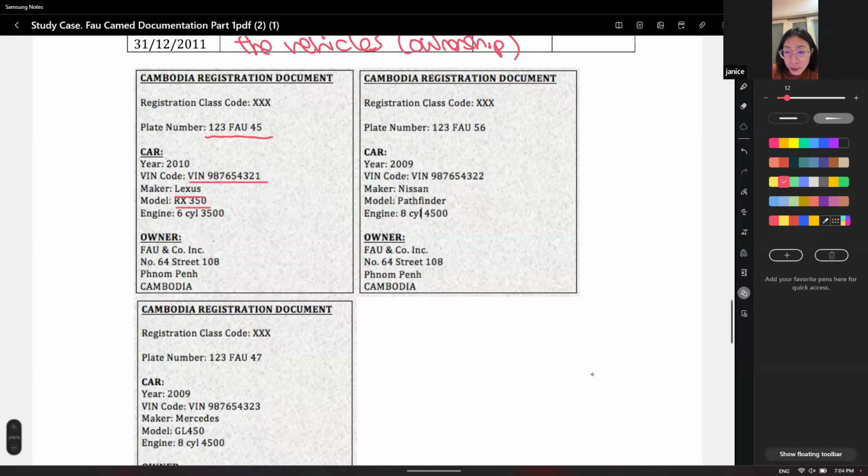And the most important part we look at is the owner. Who owns this Lexus? As we see, it's owned by FAU. So very good.